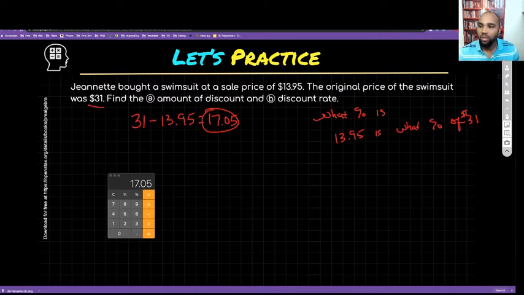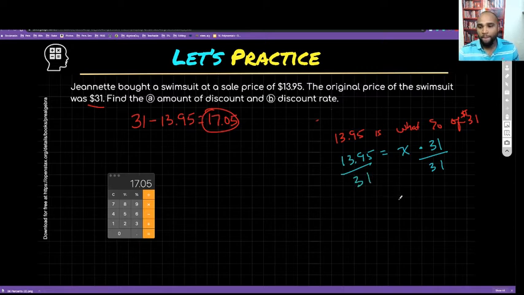So I'm going to erase this first one because I couldn't quite get that one out. But with this second one, I can say, oh, $13.95 is some percent, what percent, we don't know, of $31. So now I can see what I need to do. I need to get my x by itself by dividing by 31. So doing that gets rid of that.